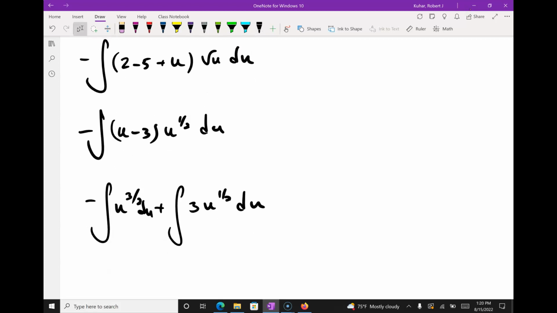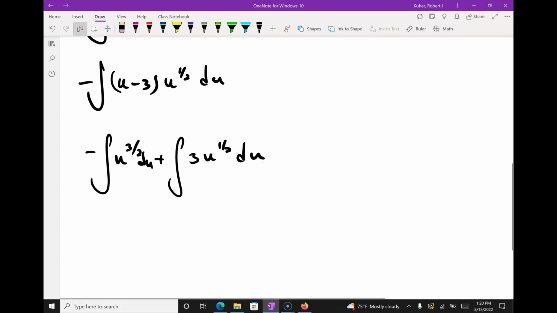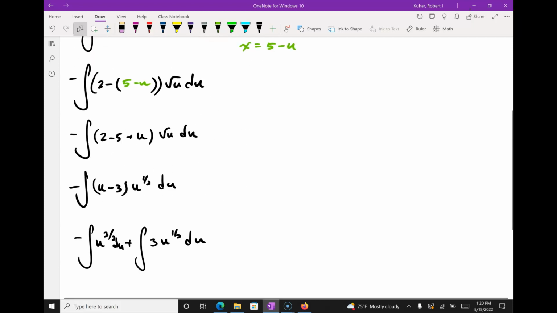So I distributed the negative and I distributed the u to the 1/2. Divide and conquer I like better when you're thinking you're splitting a fraction into two fractions, but still this works.